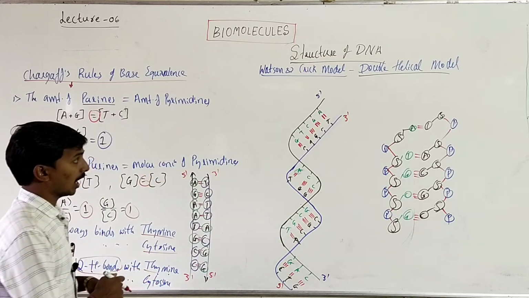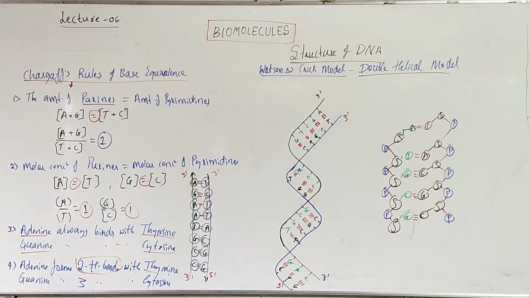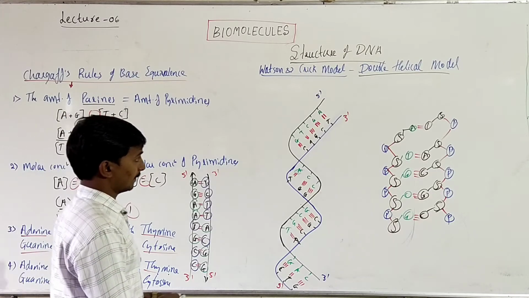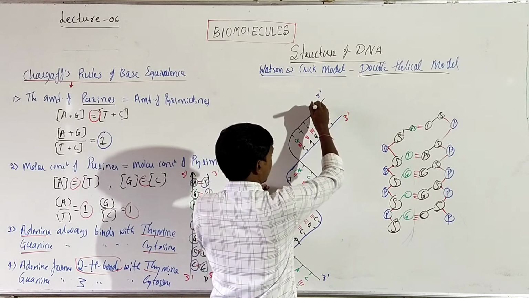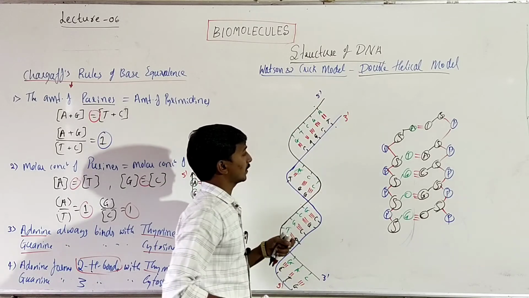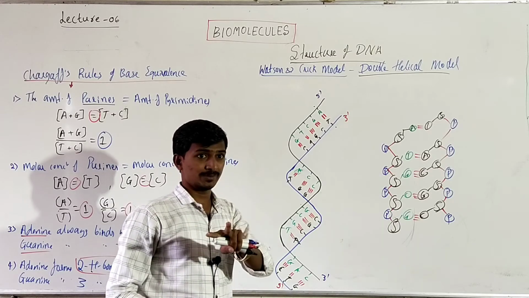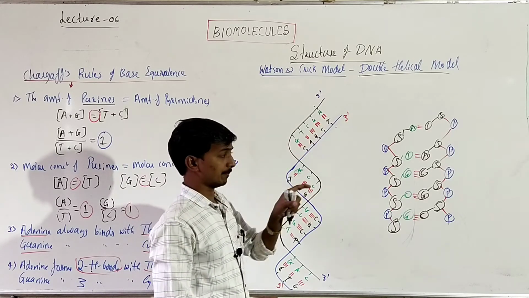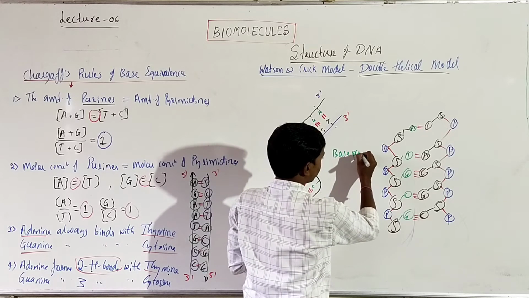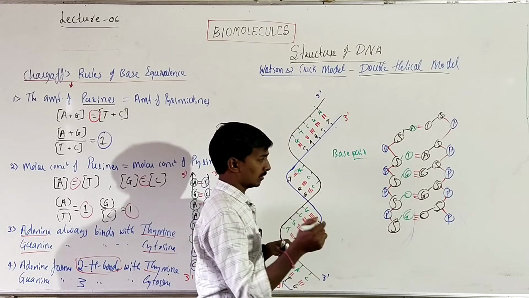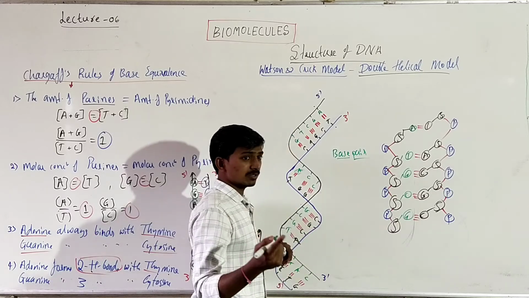Okay, now this is adenine, this is thymine. It means 2 nitrogen bases. It is one base pair. Pair means 2. Base means nitrogen bases.